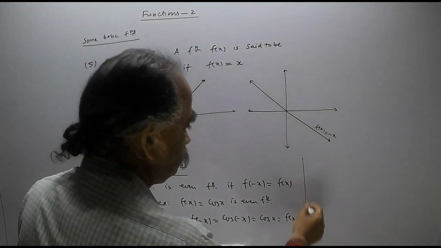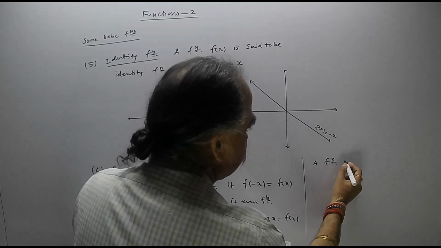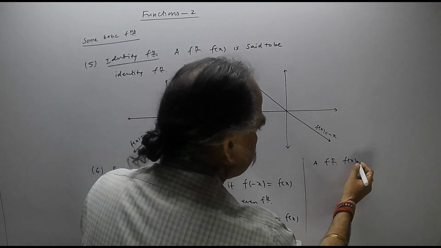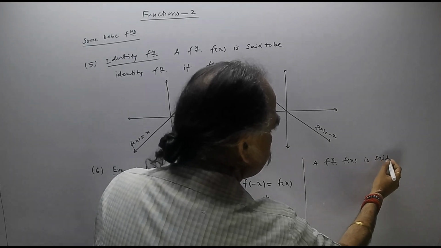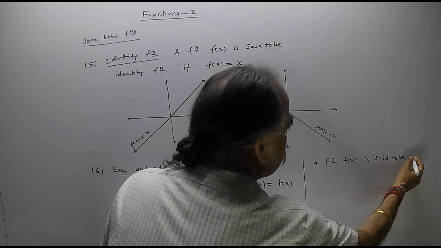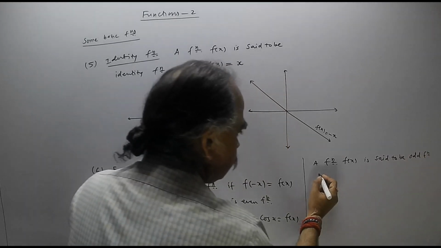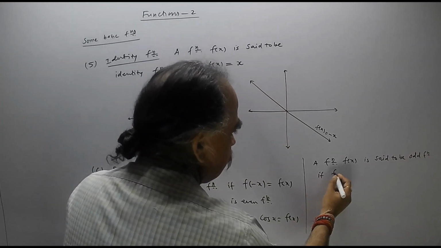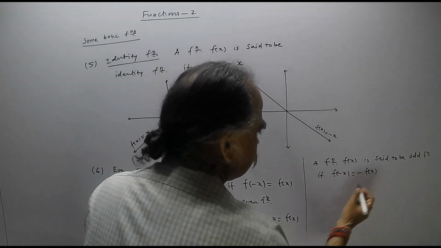A function f(x) is said to be odd function if f of minus x is same as minus f(x).